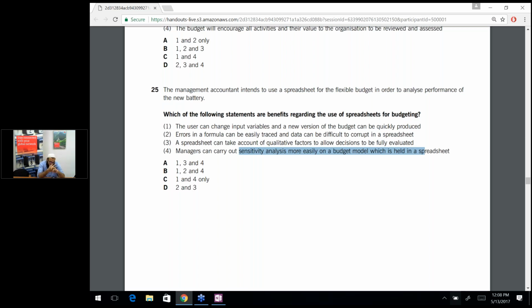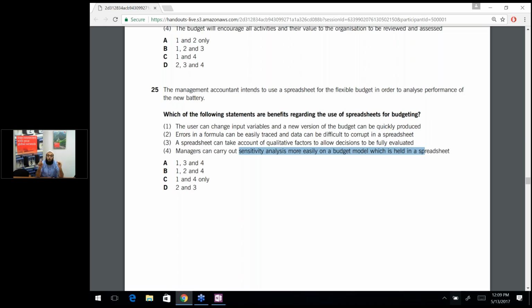So on Excel, it is very easy to do, because if you have created the model and inputted the right formulas, and you change just the selling price, for example, the answer will change. If we reduce the selling price, how much impact will it bring on the profit?